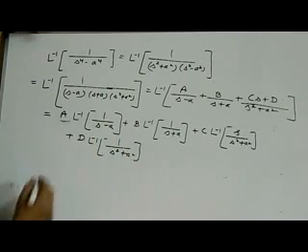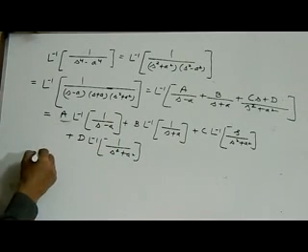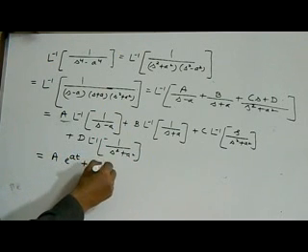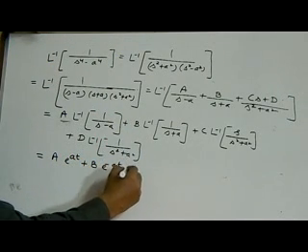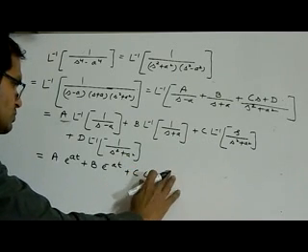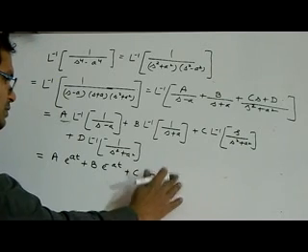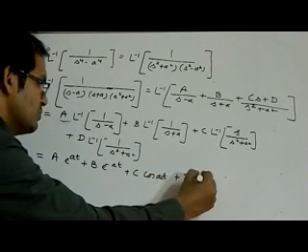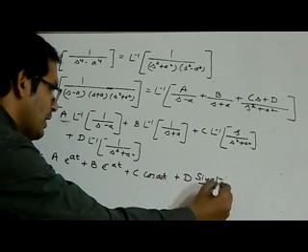Now see that all these formulas are well known to us. So I can write this as A into e to the power at plus B into e to the power minus at plus C into cos at, and then plus D into sin at by a.